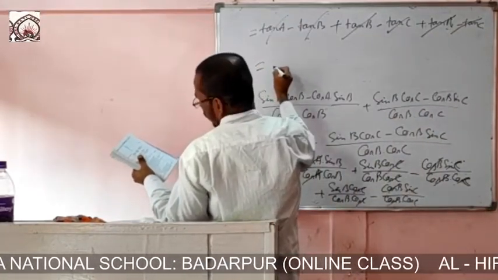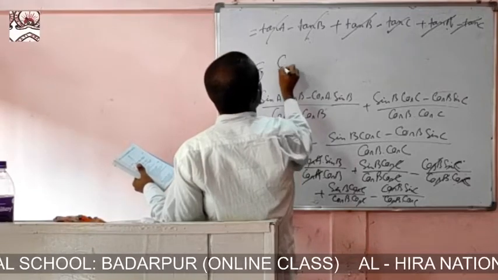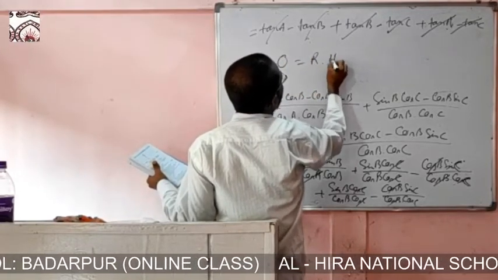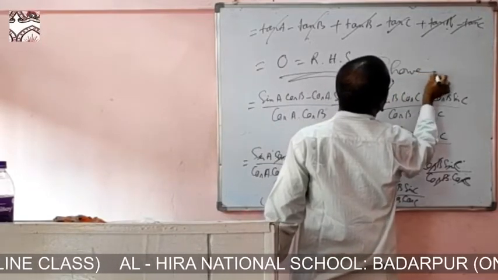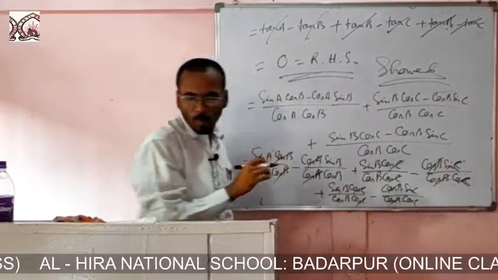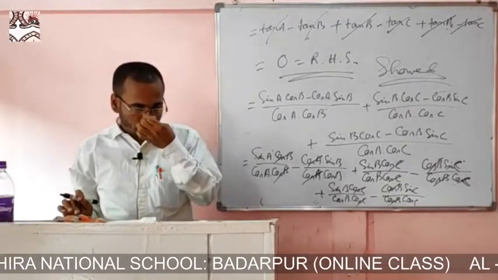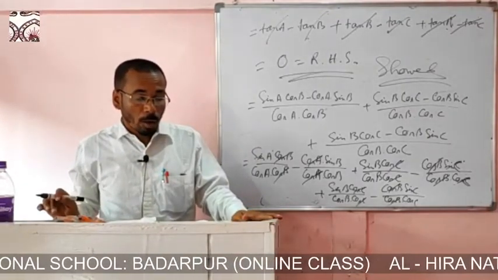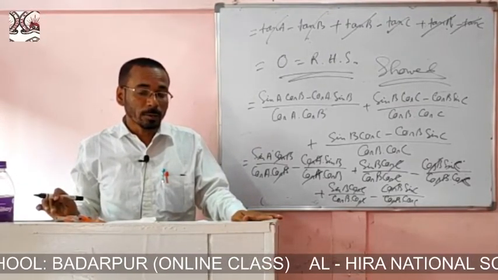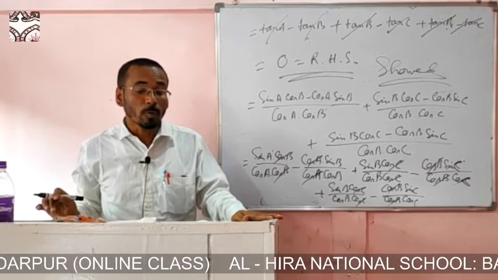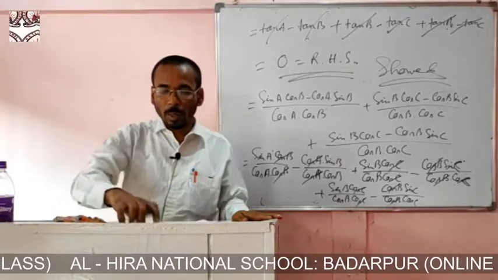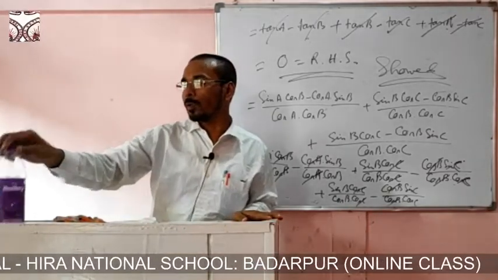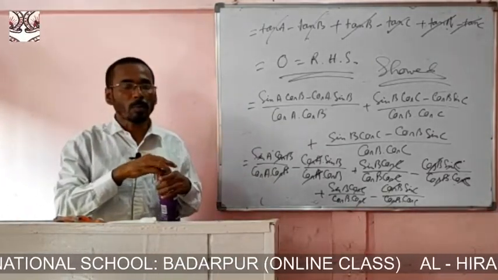So this one is equal to 0, which equals the RHS. Hence proved. I am telling you again and again, this is the chapter of formulas, we can say in another way. If you know the formula, then you can do the sum. If you don't know the formula, then the sum will be very tough.